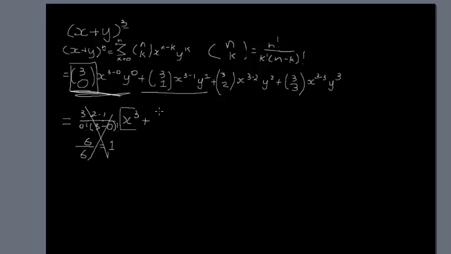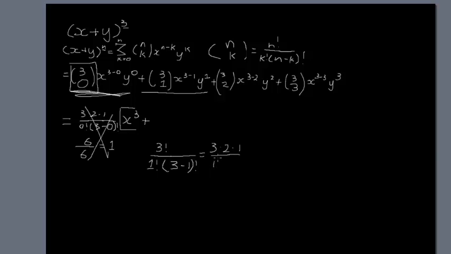This is going to be 3 factorial, right? So let me solve this under. So 3 factorial over 1 factorial, because k is 1, times 3 minus 1 factorial. Now if we solve this, we have here 3 times 2 times 1 over 1.